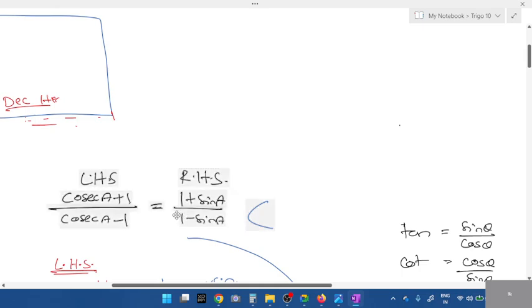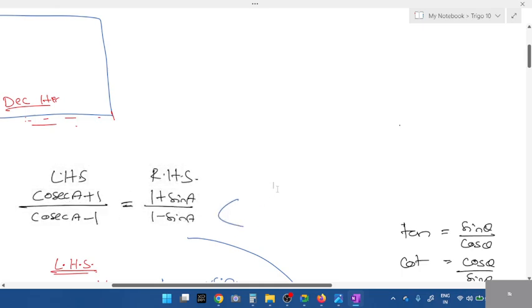Copy this first question and do it. Convert cosec to 1 by sine, take LCM.